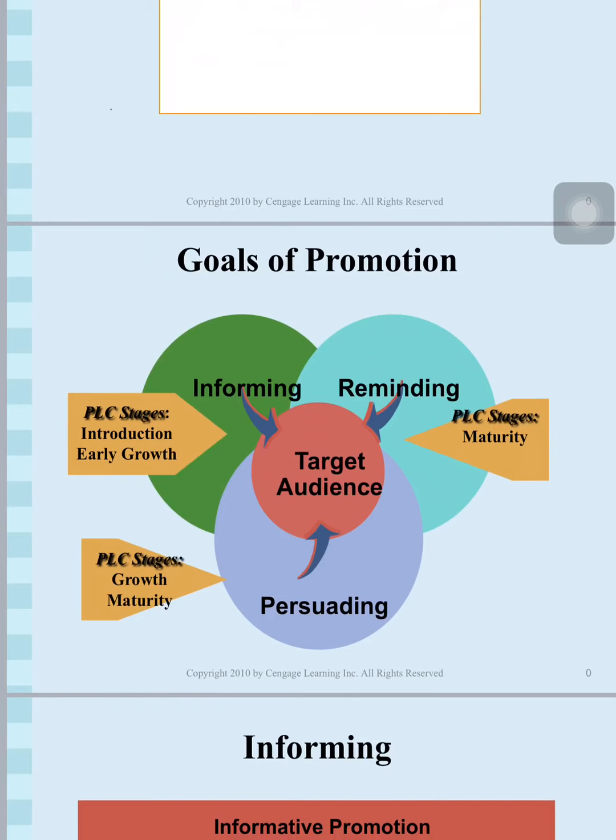So persuasion normally becomes the main promotion goal when the product has already entered the growth stage in the product life cycle. So you will persuade them because it is already the growth stage, where you have to persuade your target market to purchase your product or service.